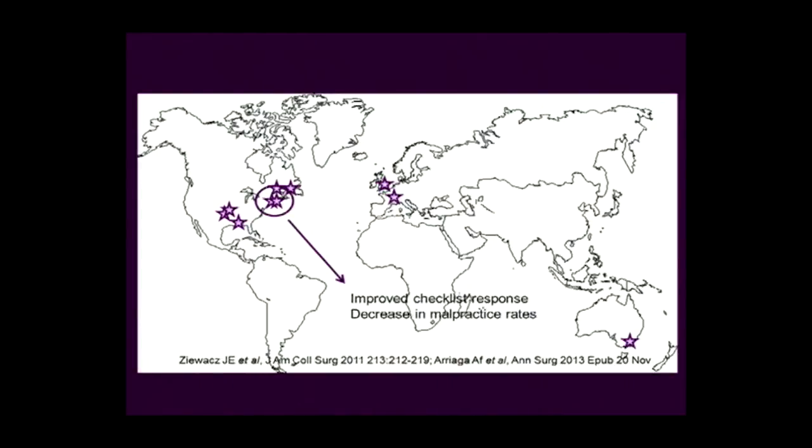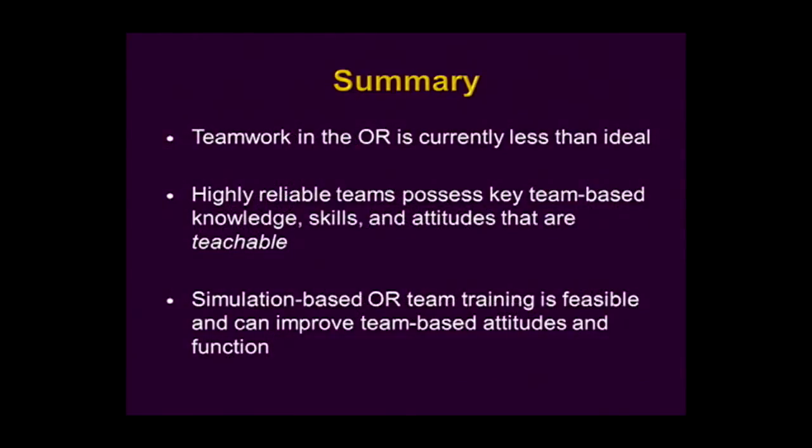In which they've shown through simulation that you can use simulation to train people on checklists, and they improved adherence to that. And they've also more recently done work showing that you can bring in entire teams and decrease malpractice insurance rates.